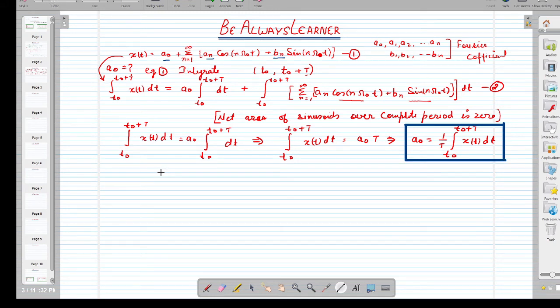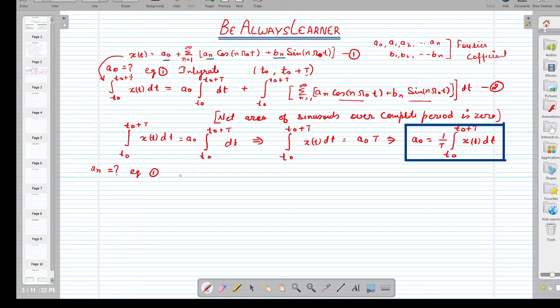Fine. Second, now we have to find out the value of the Fourier coefficients an. a naught हमने निकाल लिया, an हम निकालेंगे. So again we have to use the equation, the first equation, we have to use equation number 1.